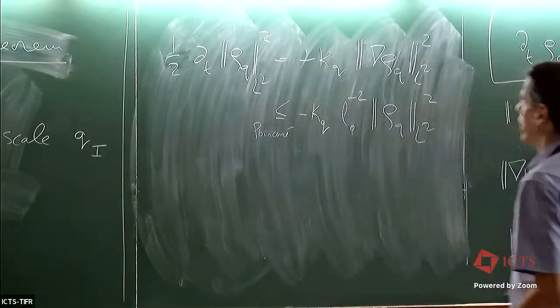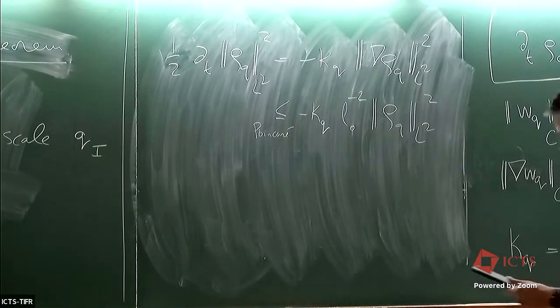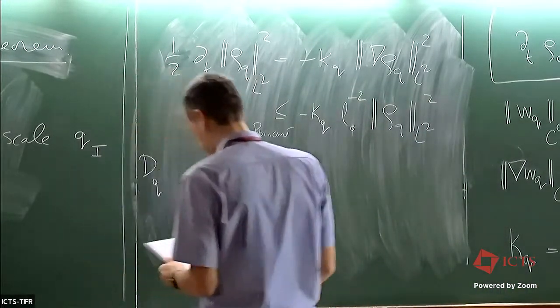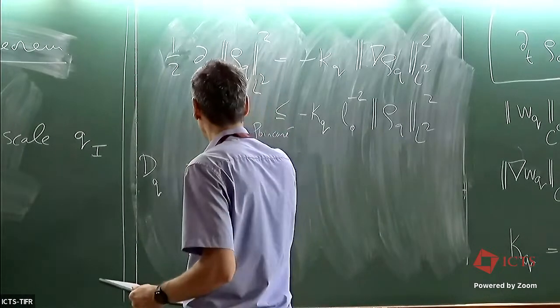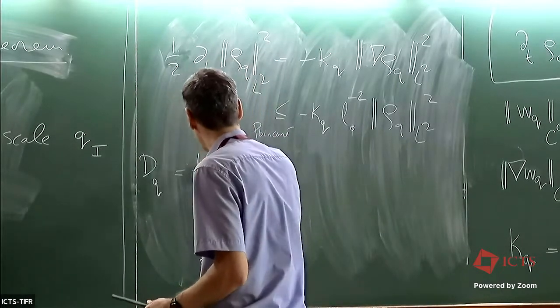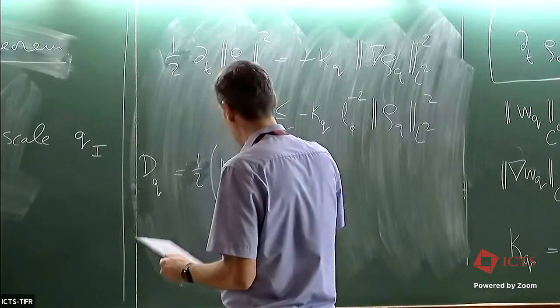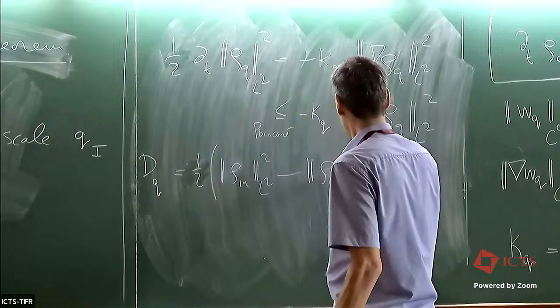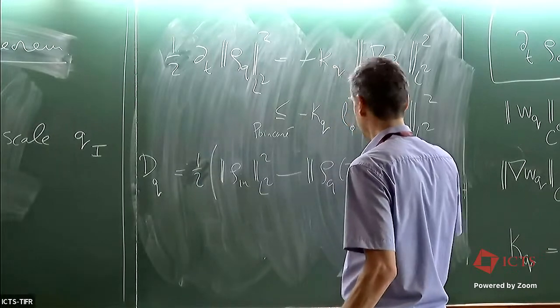That means any such equation has dissipation, and the dissipation rate dq is equal to 1/2 the L2 norm squared of the initial data minus the L2 norm squared of the solution at the final time.